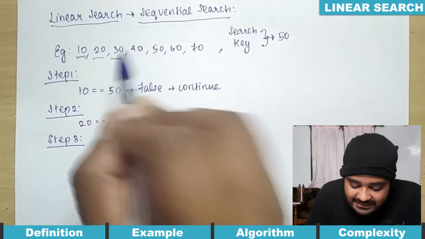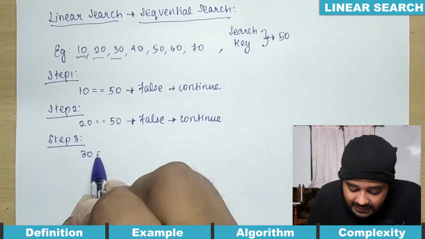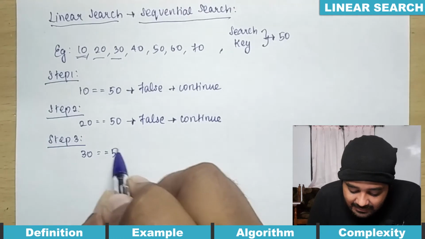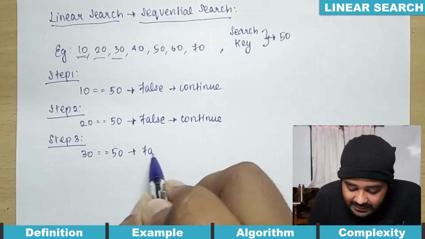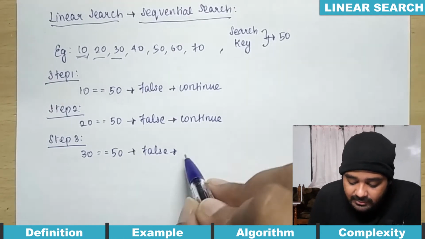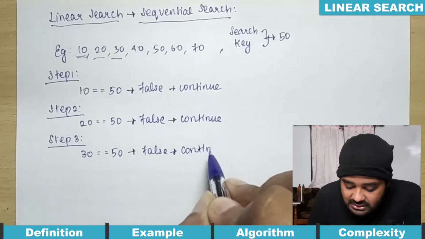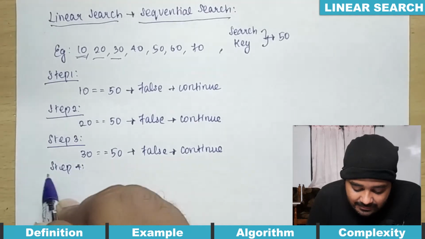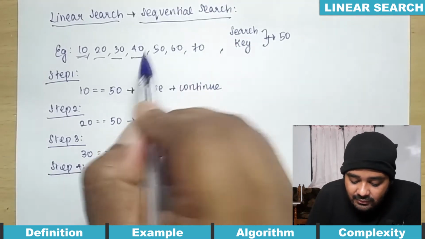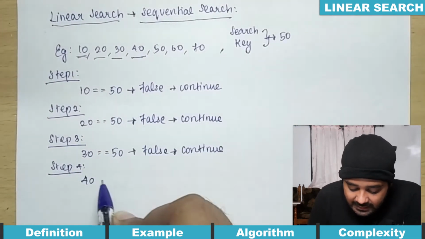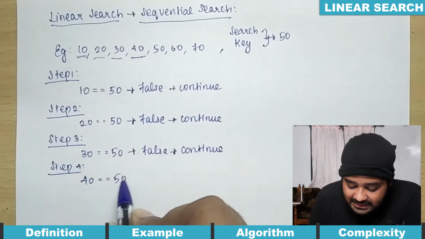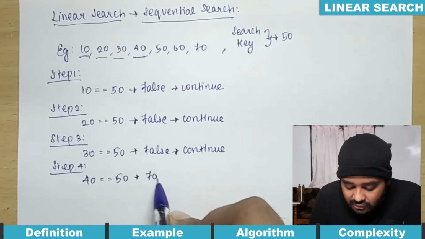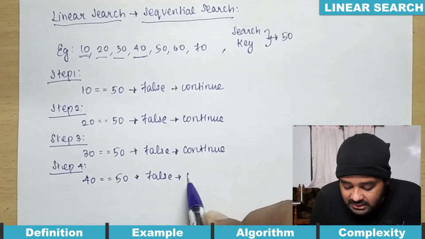I take the third element, which is 30, and compare it with the search key, 50. Again the condition turns out to be false, so I continue. Moving on to step 4, I take the fourth element, which is 40, and compare it with the search key, 50. Here also it turns out to be false, so I just continue.